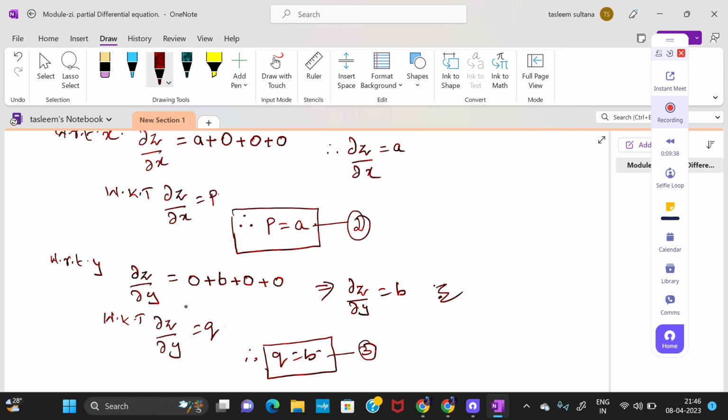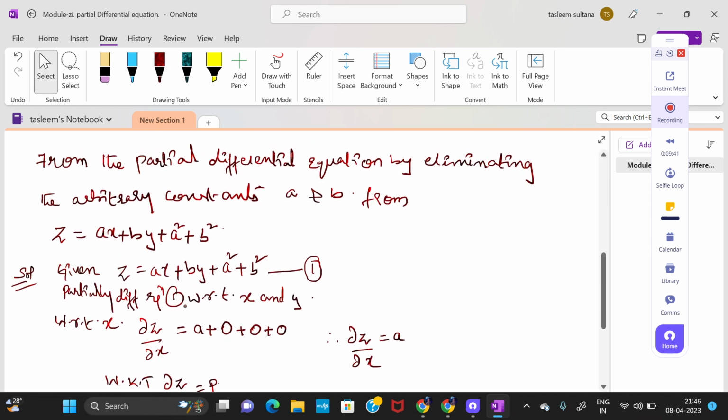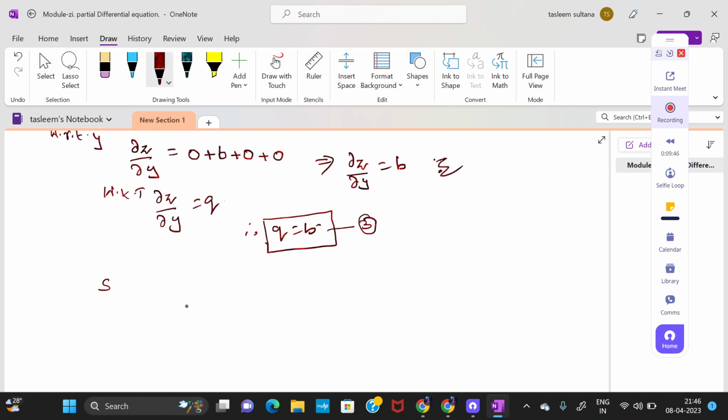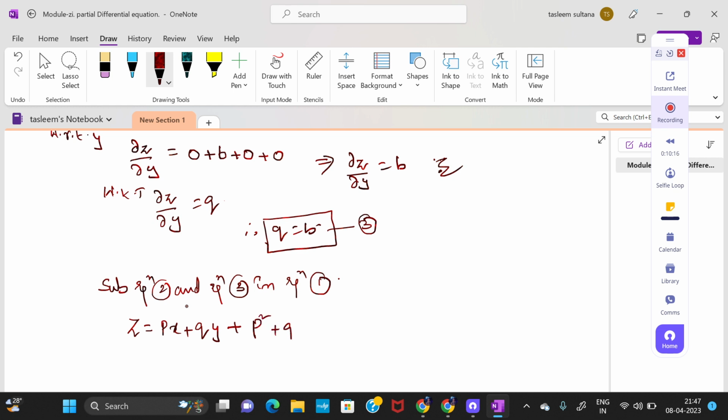Substituting equations 2 and 3 in equation number 1, that is z is equal to ax plus by plus a square plus b square, where a is p and b is q: z is equal to px plus qy plus p square plus q square.